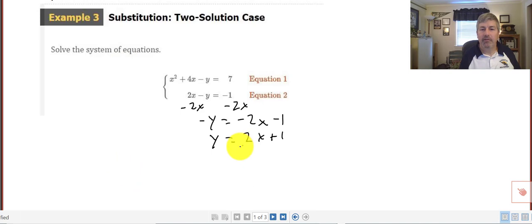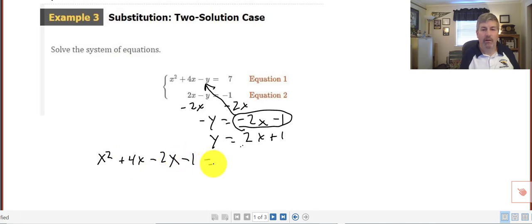So by substituting our negative 2x minus 1 in for negative y, we get a new equation all in terms of x: x squared plus 4x minus 2x minus 1 equals 7.